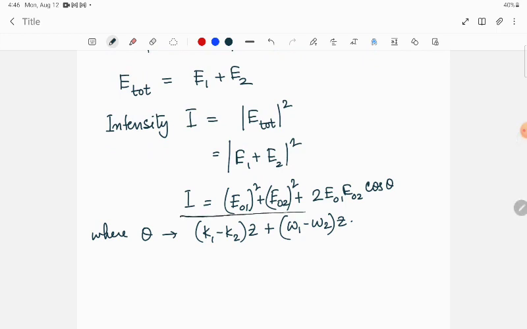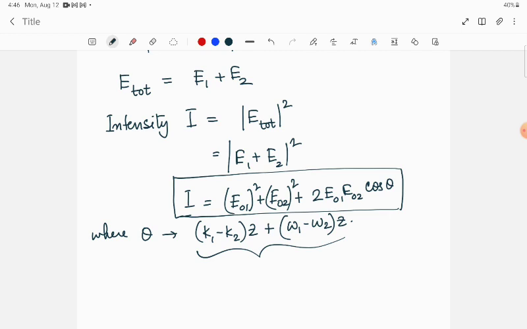This is the equation I am interested in. So long as we are talking of phases, the phase is nothing but this one, the relative phase of the two waves. If theta is fluctuating, changing with time, then as you average cos theta with time, cos theta averaged over a whole cycle becomes 0.